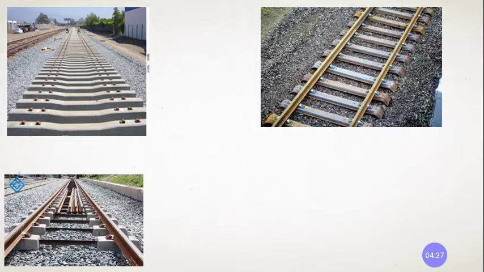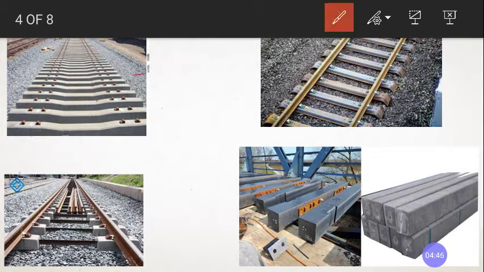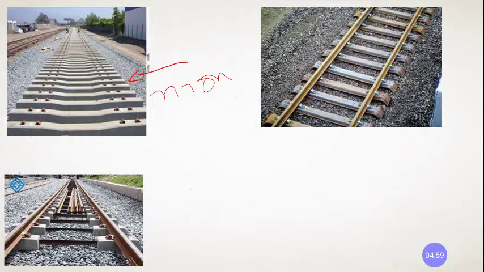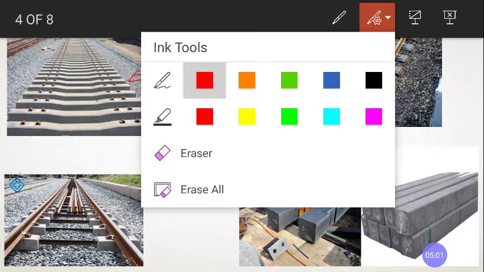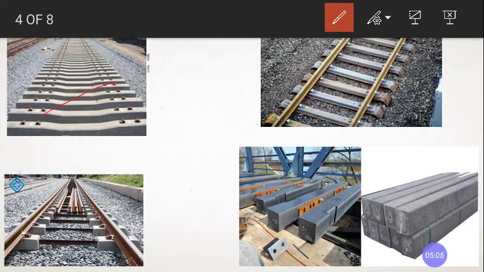Where are the images? Clear images, can you see them? This is your precast monoblock sleeper. It is called monoblock because it is a single block.